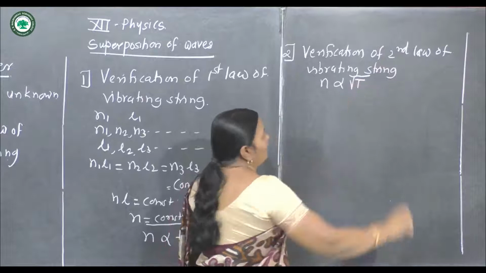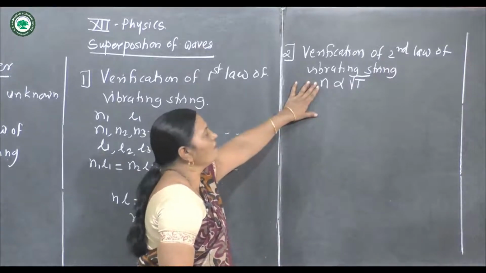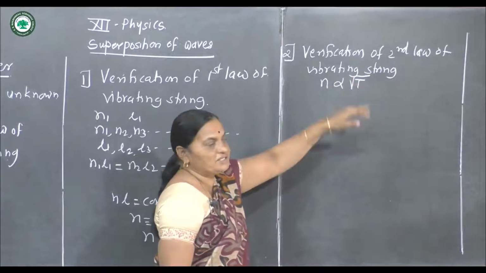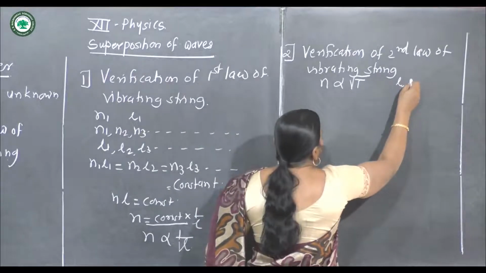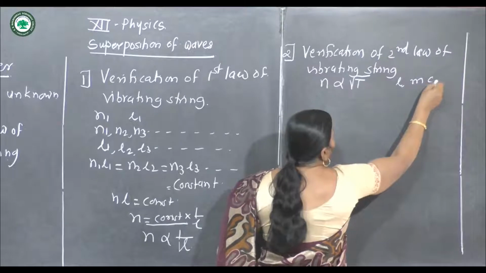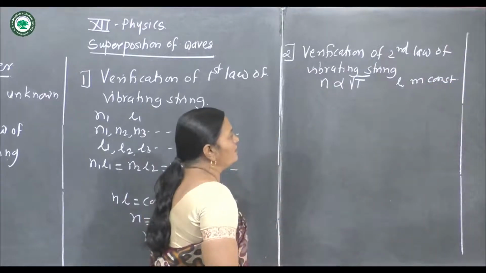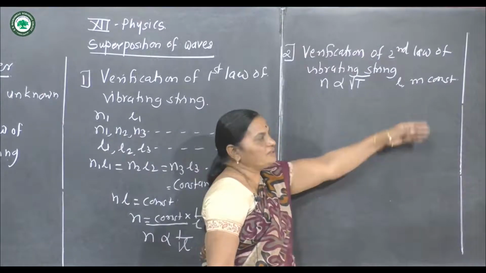The second law is that fundamental frequency is directly proportional to the square root of T, tension applied, where L and M are constant. In this case length is constant, mass per unit length is constant.